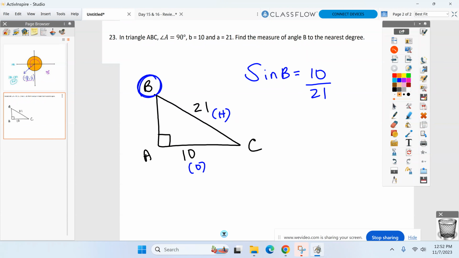Okay, it's like you're in the first quadrant. Make sure you're in degree mode. If you're in radian mode, you're going to get a funky answer. I learned that the hard way. Actually, you're not going to get a funky answer. You're going to get like 20 answers. Good, Max? Okay.